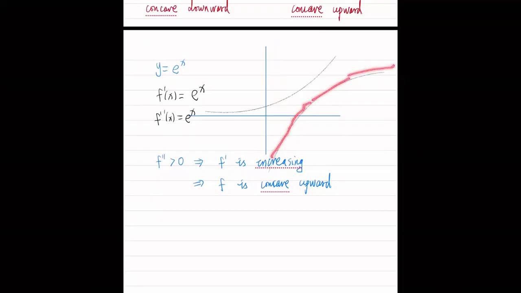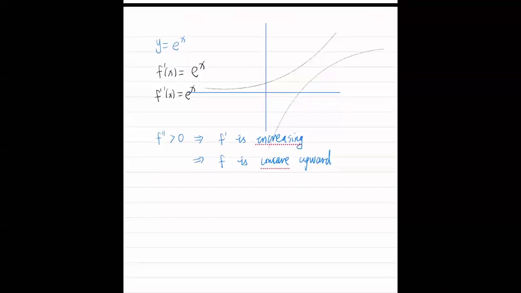It's concave downward, whereas the exponential is concave upward, two completely different behaviors. Okay, maybe let's have a break until 55, and after that we will do something more interesting. Okay, have a break.